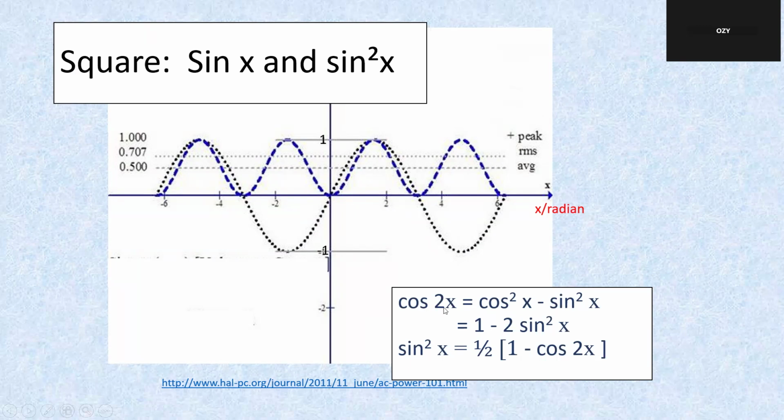Cos 2x equals cos square x minus sine square x equals 1 minus 2 sine square x. Then make sine square x the subject, take over there, you get this equation. So it's still a sinusoidal graph. Sine square x is still a sinusoidal graph, but of a different form. This is for your benefit only. You don't need to know the math involved, but just to convince you that it's sinusoidal.